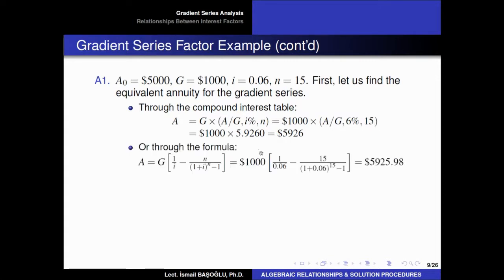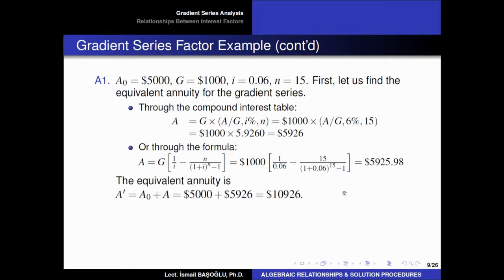We can do that by using the formula in the first place. Through the formula, we can plug in I as 0.06 and n as 15. So we can identify the equivalent of $1,000 of gradient as $5,925.98. So let's make it 5,926.